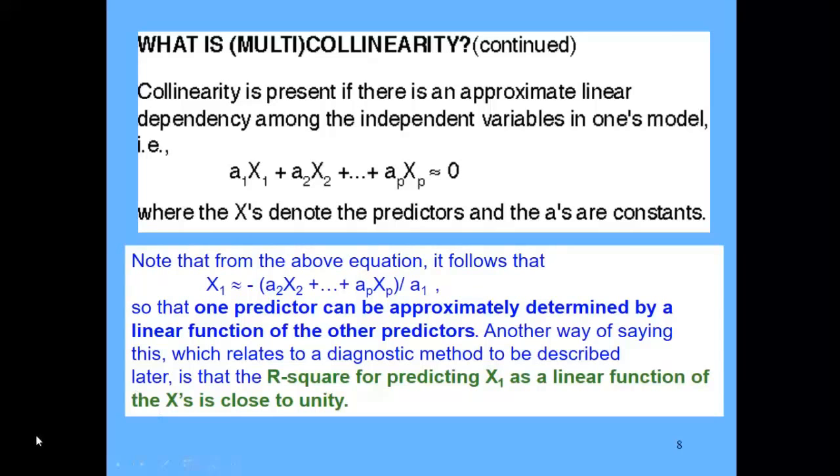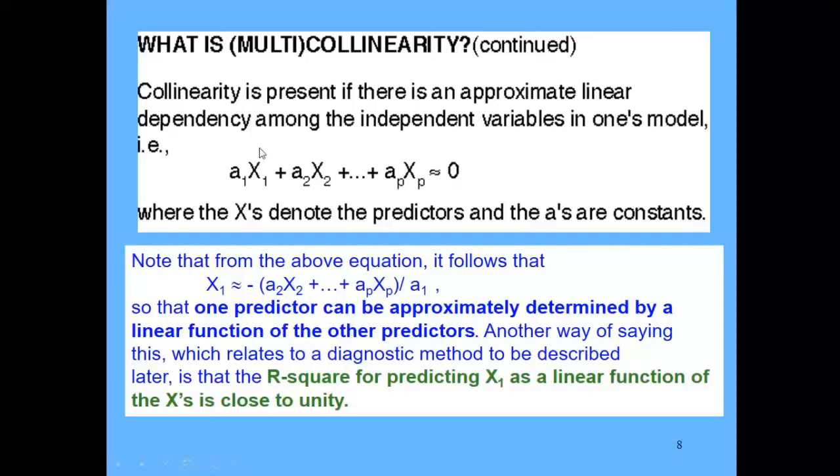You remember R square? If you've got a model where the predictors almost perfectly predict the outcome, in this case x1, then R square, which is a measure of how strongly the x's predict y, is close to 1. So that's another way to view what collinearity is about.